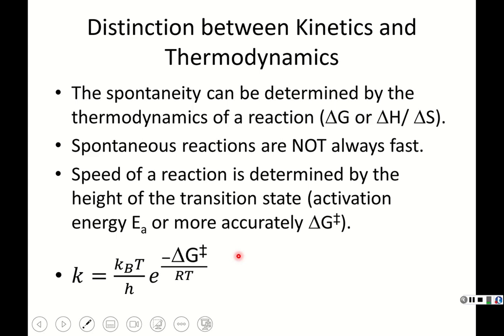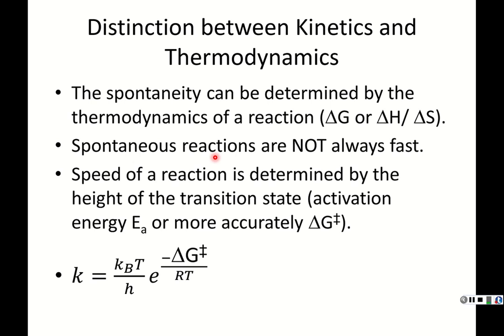Well, that was thermodynamics. We also have kinetics to think about, and there's a distinction between the two. Spontaneity is determined by thermodynamics, so delta G determines the spontaneity. The problem is spontaneous reactions are not always fast reactions. In general chemistry, we use the example of a reaction of carbon in the diamond form going to carbon in the graphite form.